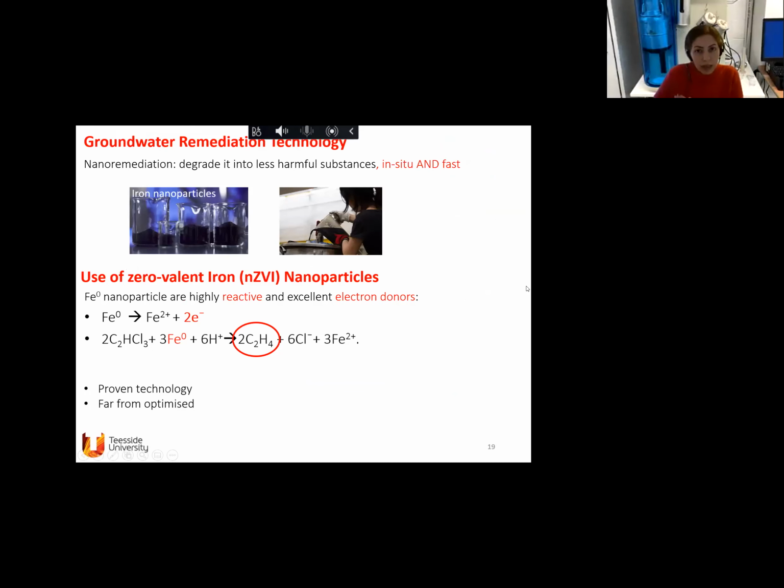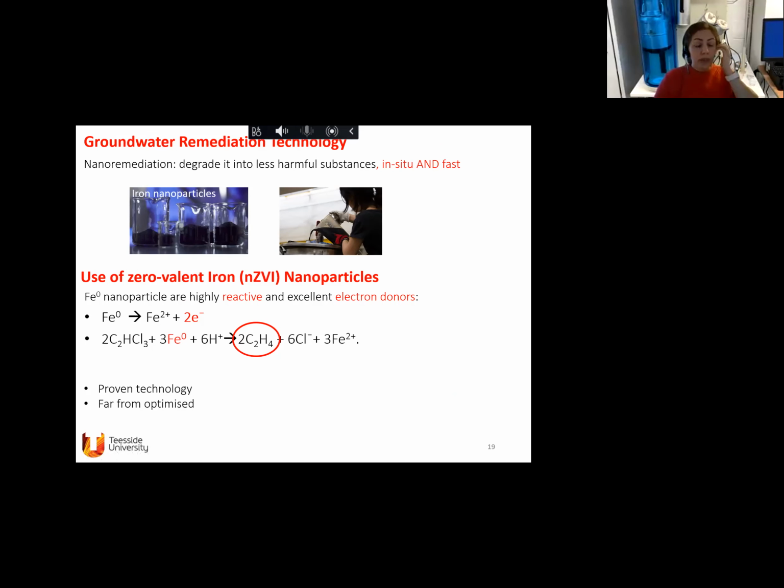So that's the problem. In recent years, there has been quite a lot of investment in using nanotechnology to do this. Specifically, we are looking at using reactive nanoparticles, in this case zero valent iron nanoparticles. This is a very reactive nanoparticle, iron kept at zero valent.